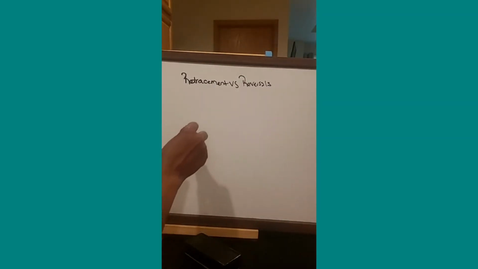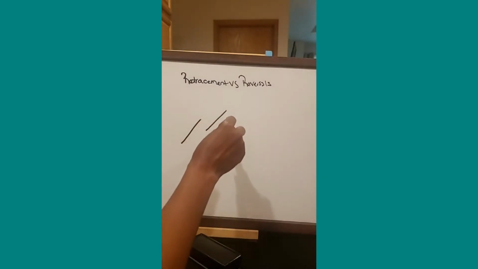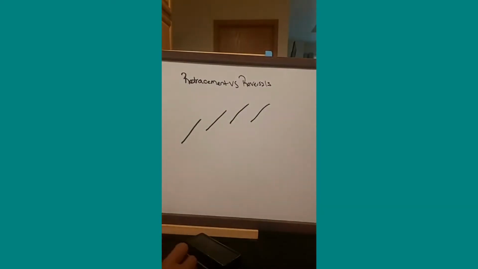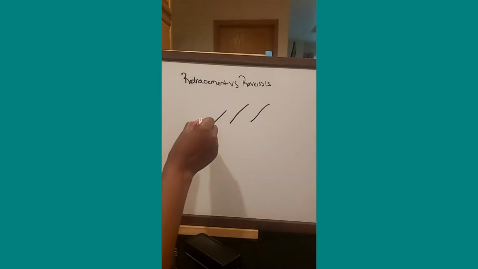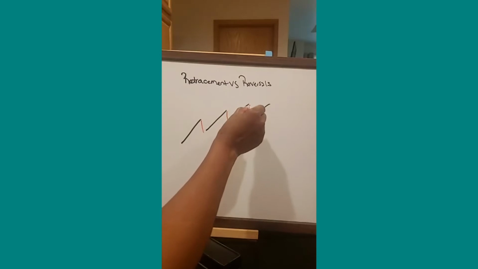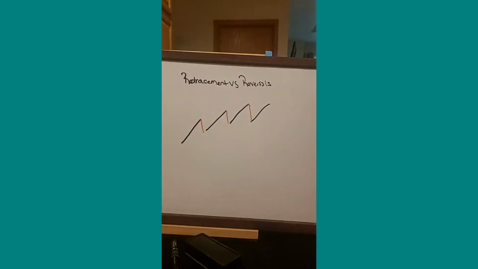I'll show you. These pullbacks are your retracements. Of course, they will be candles.